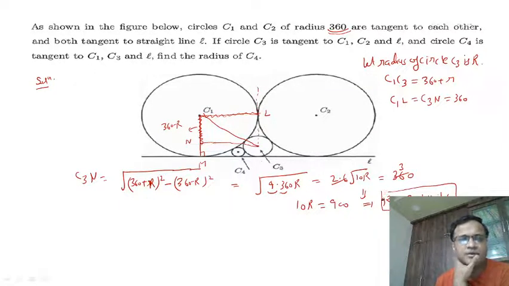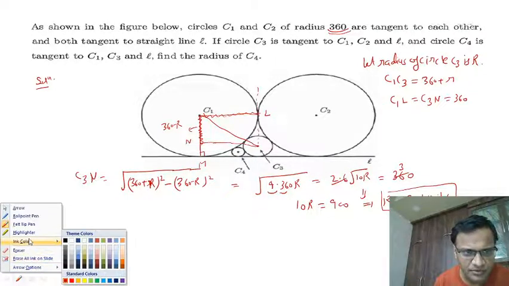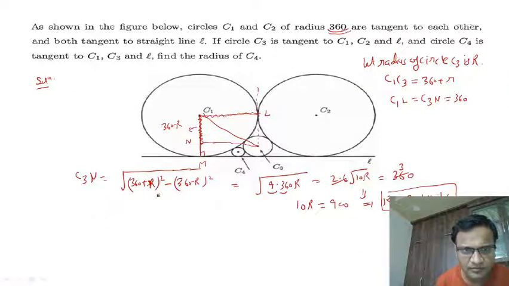But we have to find the radius of circle C4. In a similar manner, if we connect the centers of C1 and C4 with a different color, say blue, we get the length of the direct common tangent, as you can see in this diagram.